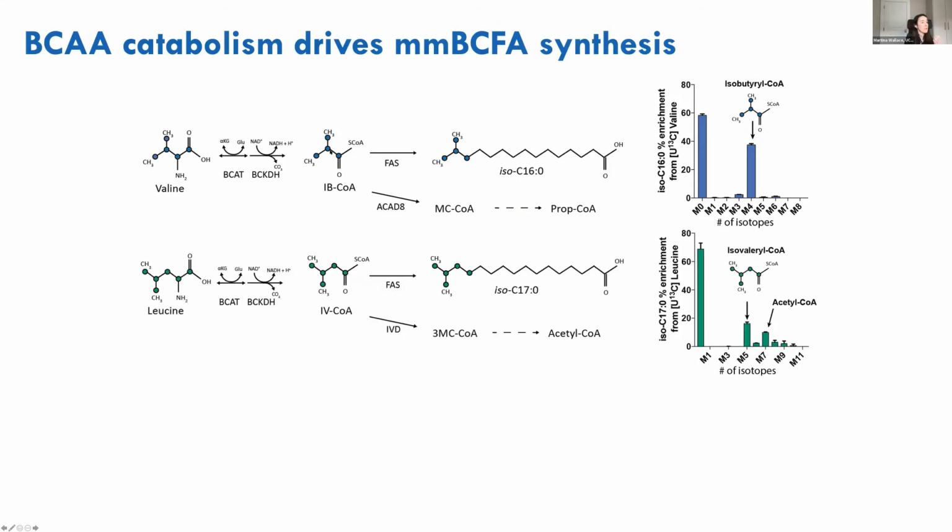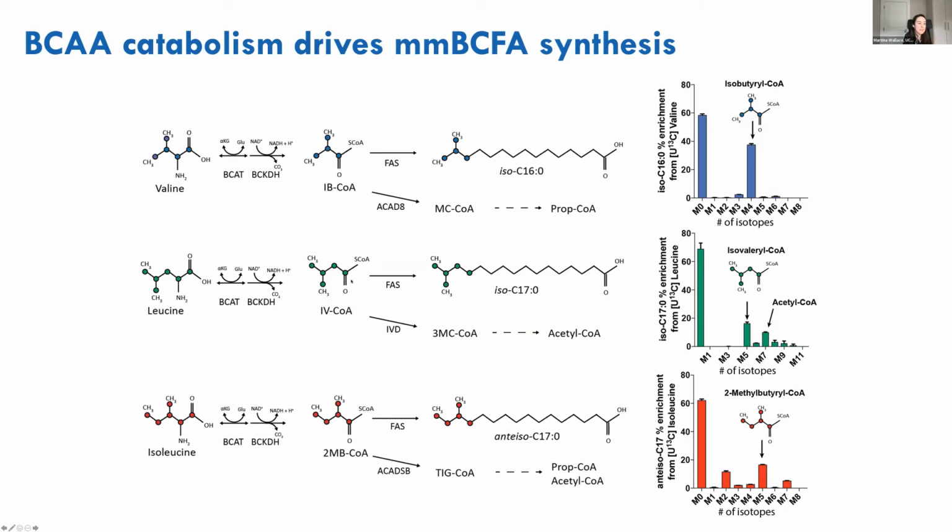Then when we traced with leucine, which makes a different branched chain fatty acid, iso-C17, again we saw that product of BCKDH, in this case isovaleryl-CoA, being used. And with isoleucine, which makes the branched chain fatty acid anti-iso-C17, again we saw that product of BCKDH was being used.